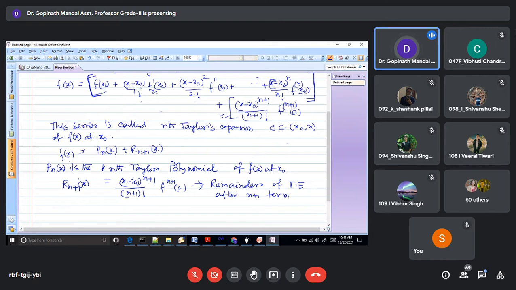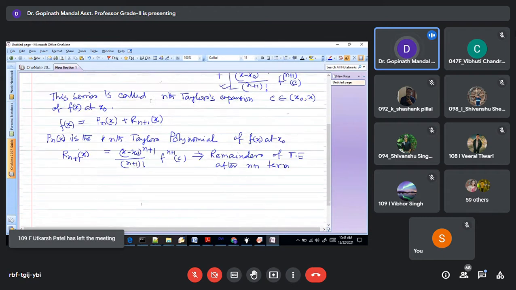Before this expression there are n plus 1 terms. So this is the remainder of Taylor's expansion after n plus 1 terms.